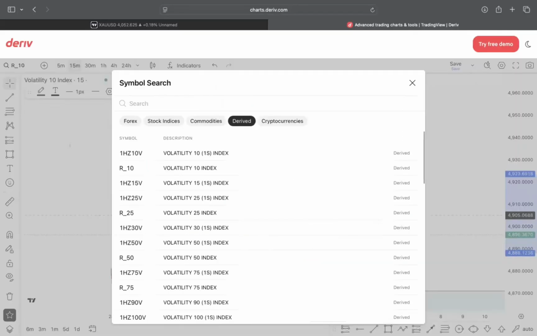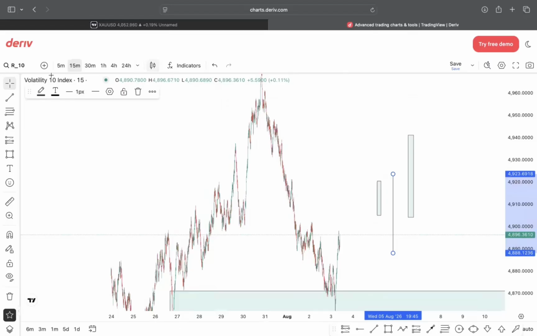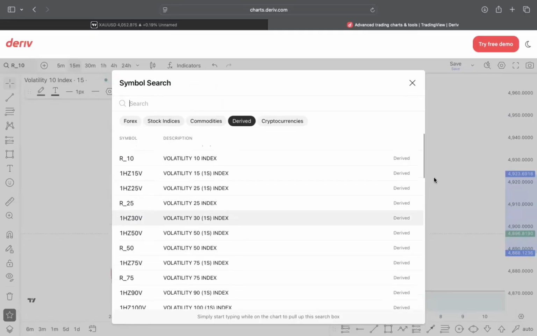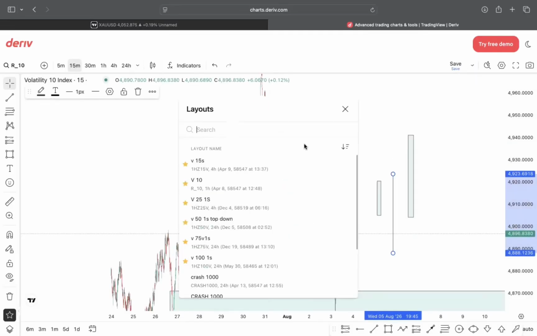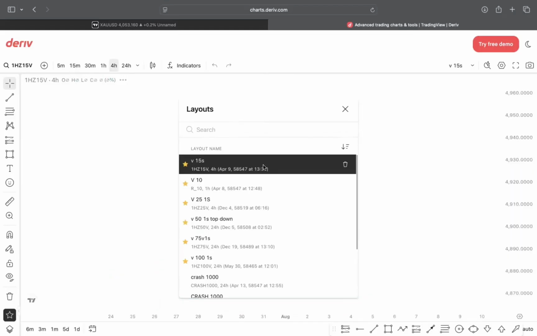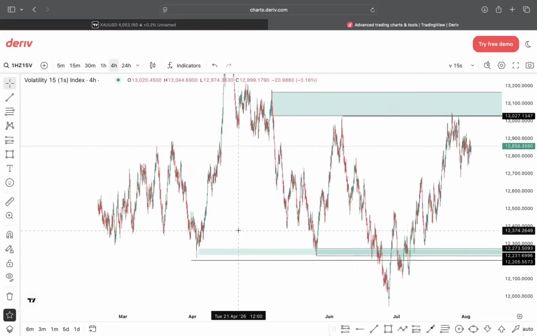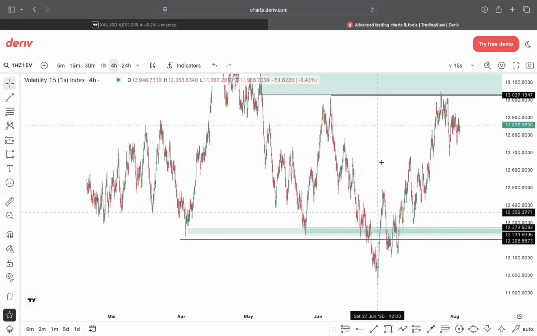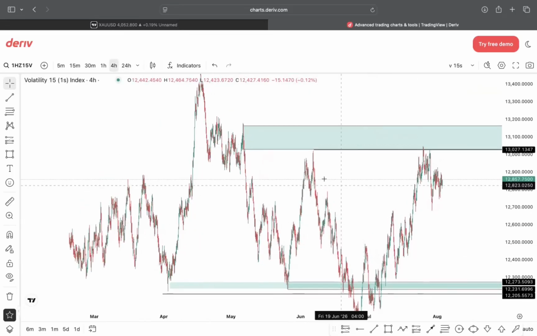Look out for this. There are not many pairs on synthetic indices that I really want to trade. V15 is doing something crazy. The top analysis is supposed to be from here, but it invalidated it and then started playing to the upside.